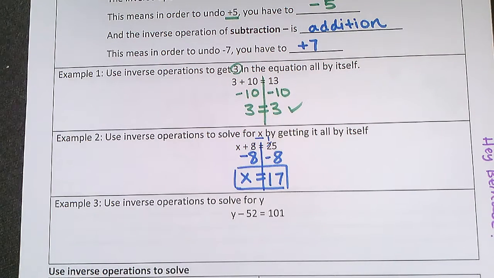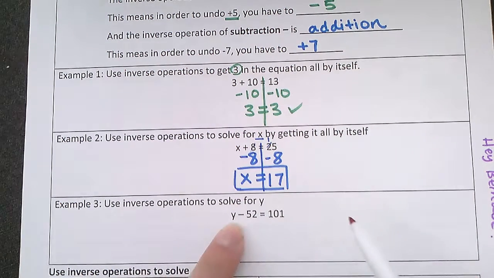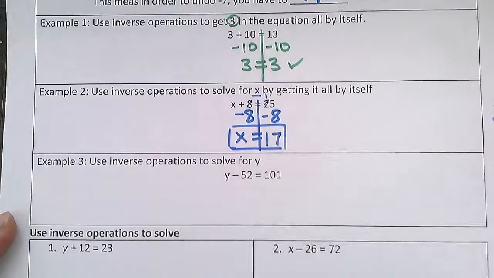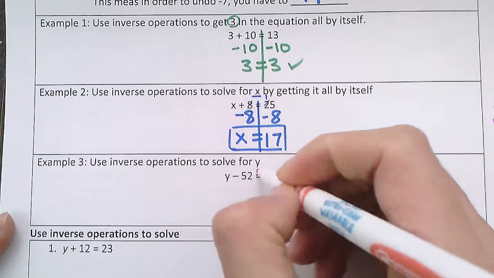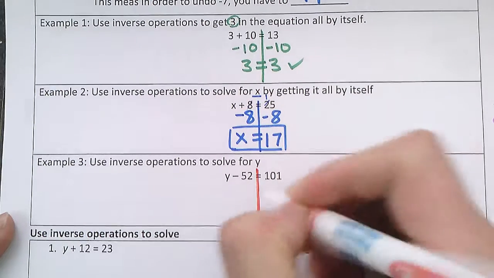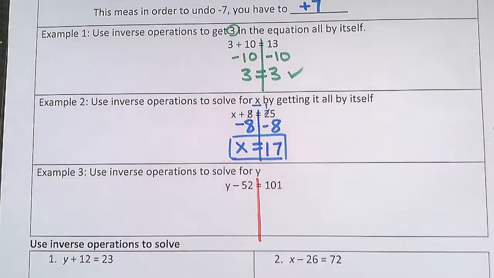Almost done here. Use inverse operations to solve for y. Y minus 52 equals 101. So what does y have to be? Well, let's start by drawing our line. Oops, running out of ink a little bit. Going through the equal sign, so we know that everything that we have to do on the left side, we also have to do on the right side.